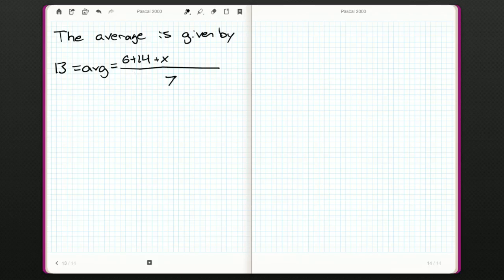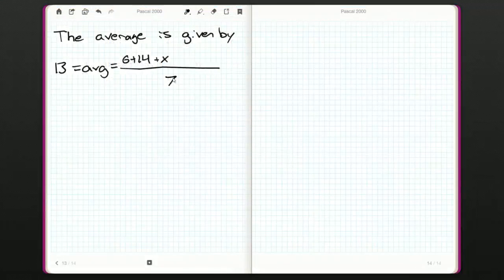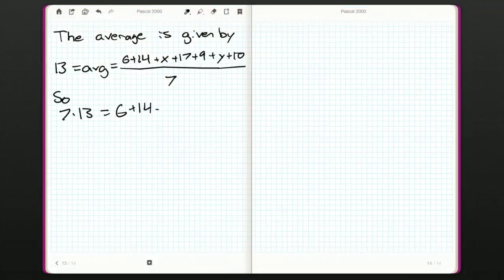So let's go back really quickly and check. 6, 14, x, 17, 9, y, and 10. Okay. So if we rearrange, we bring the 7 over to the other side, we have to multiply. And we get 6 plus 14 plus x plus 17 plus 9 plus y plus 10.